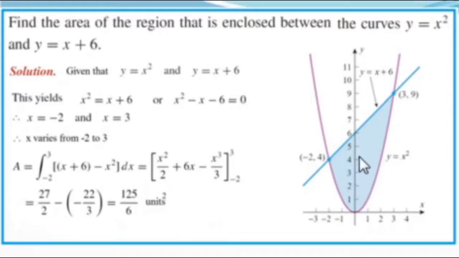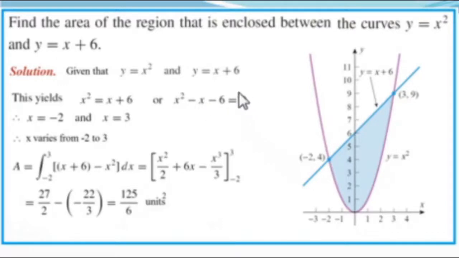শেডেড করে দেওয়া আছে, এই এলাকাটা বের করতে হবে. So how do you find the left and right boundary? At first, given that y equals x square and y equals x plus 6, compare these two equations. You get x square equals x plus 6, that is x square minus x minus 6 equals 0.